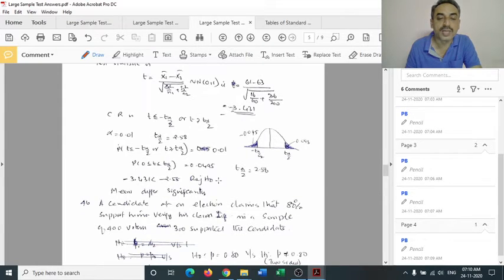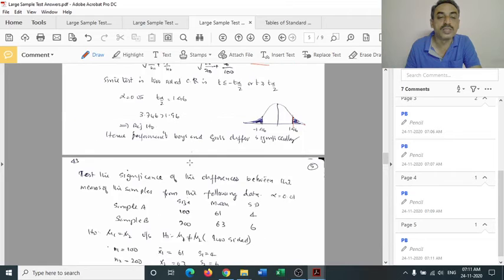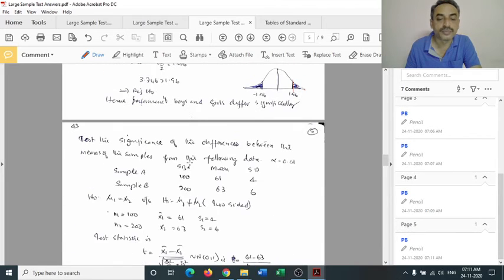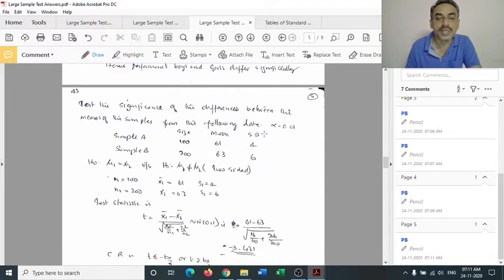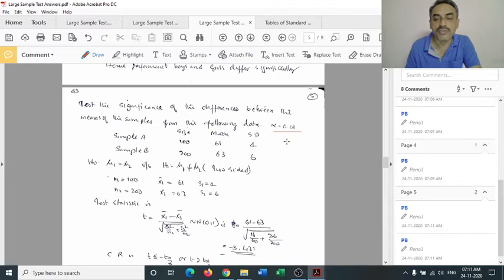The value calculated is minus 3.431, and minus 3.431 will appear in the left shaded sector. Sorry, this is not minus 1.96 here. The question is two-sided at 1%, that is alpha 0.01.